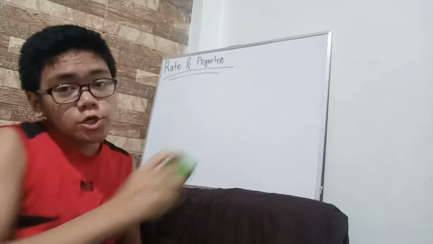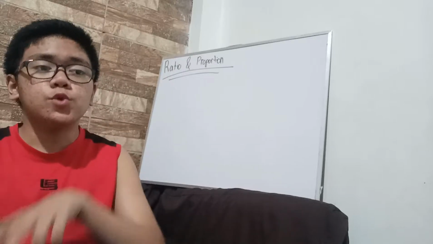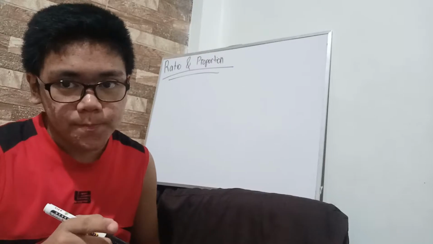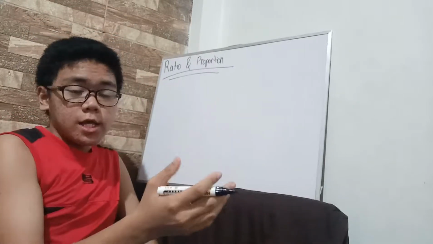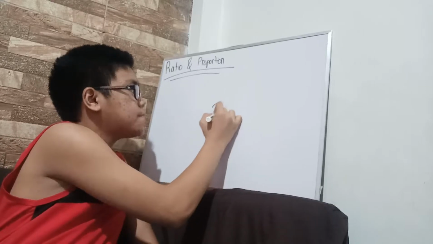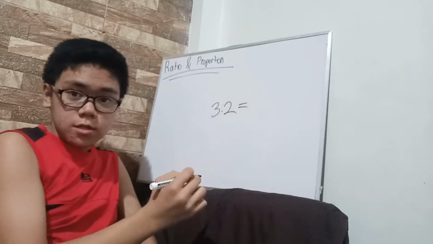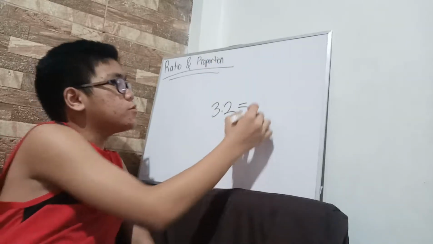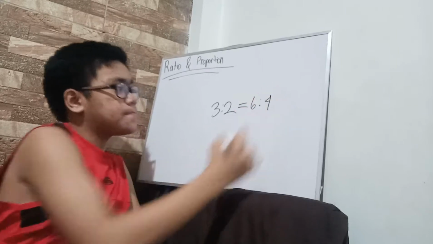And for the proportion, also a ratio, ratio that can also be a fraction form. Like, is equal to each other. For example, again, 3:2 is equal to 6:4.